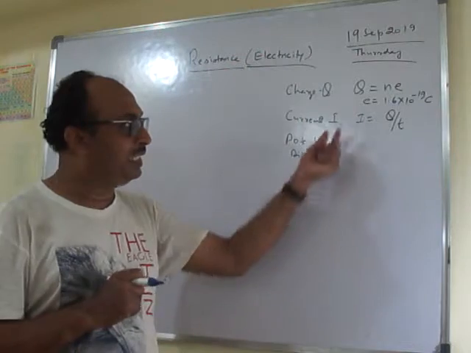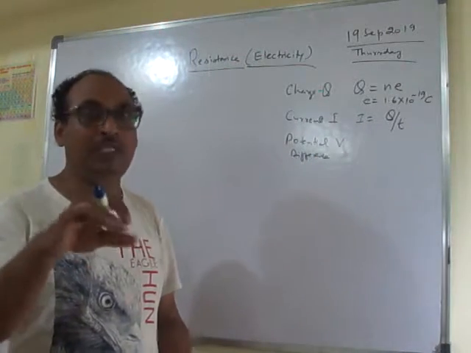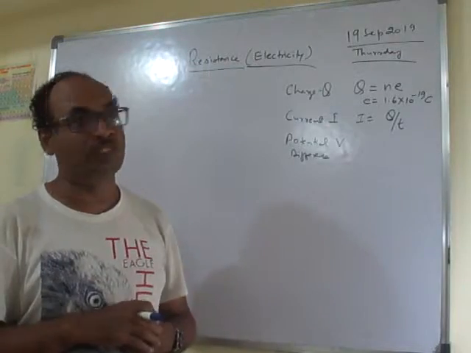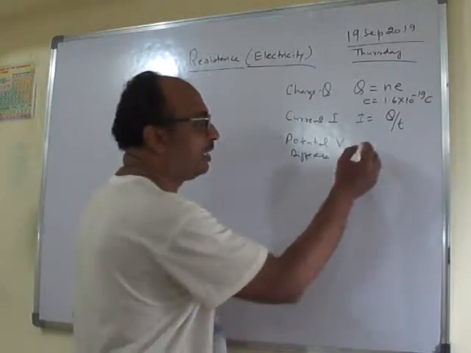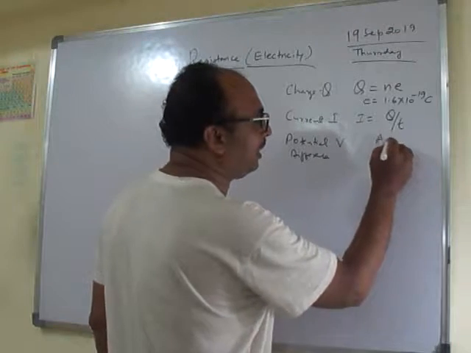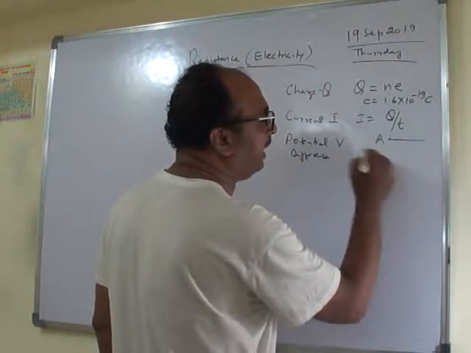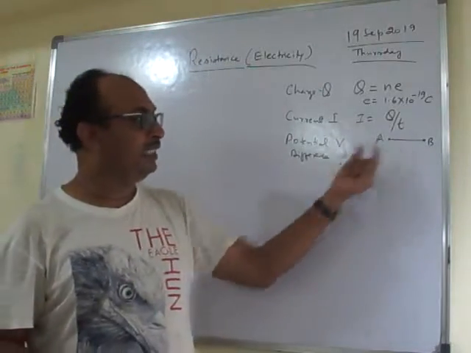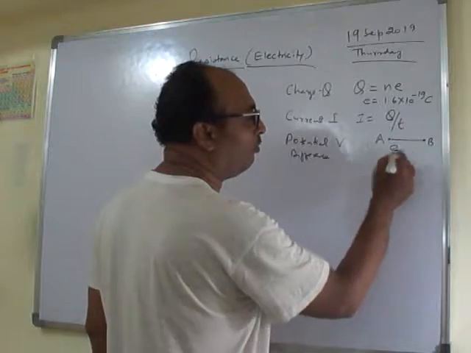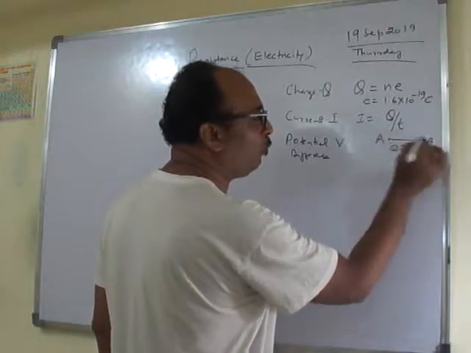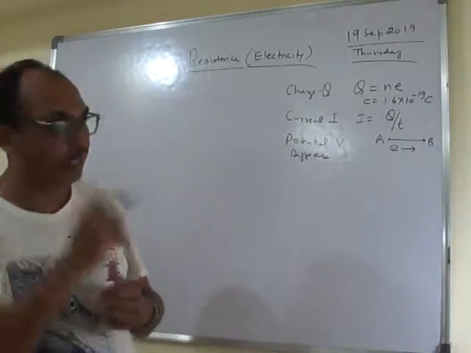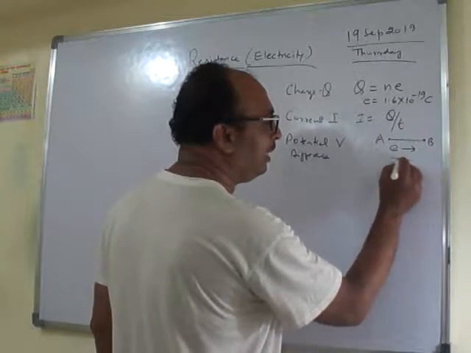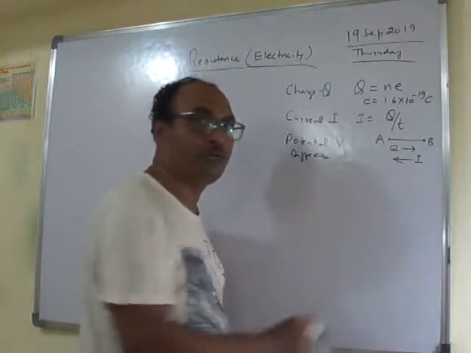Now this current direction is just opposite to the direction of electrons. Suppose we have a conductor AB, with point A on one end and B on the other end, and the electron is moving from point A to B. Then the current will be in the reverse direction of the electron.